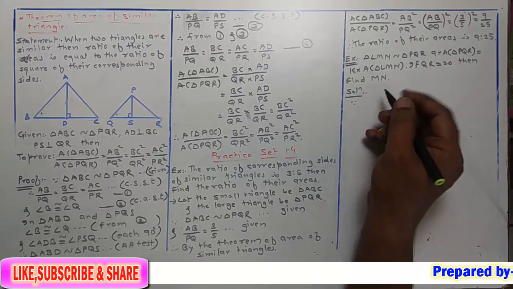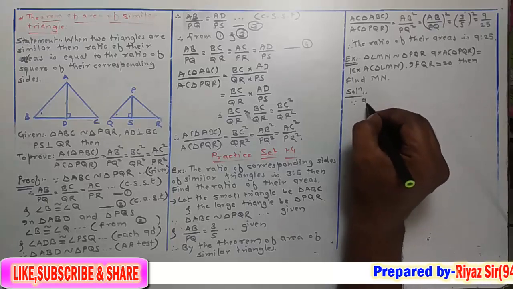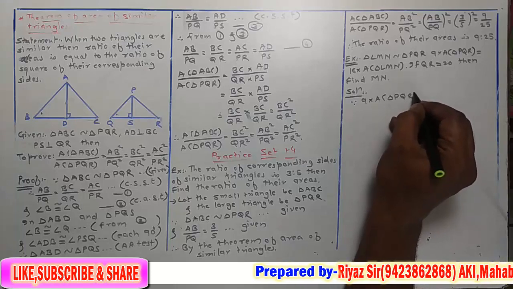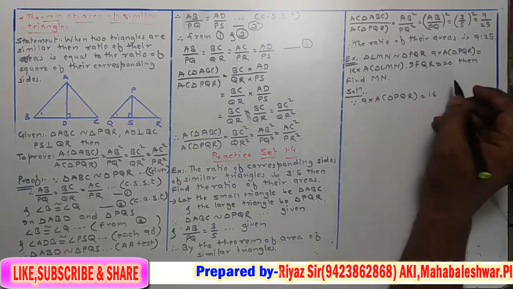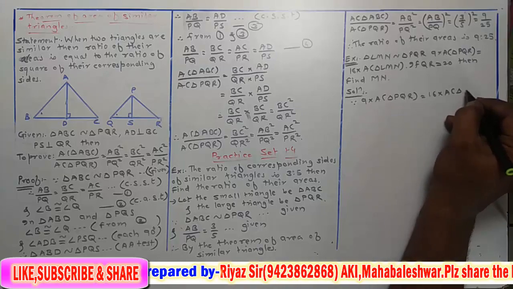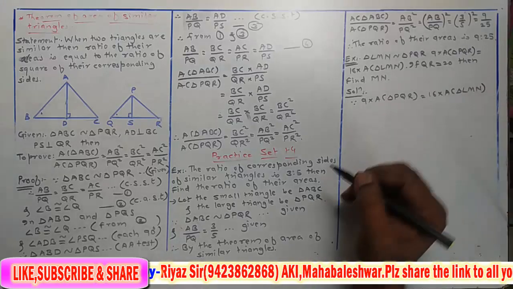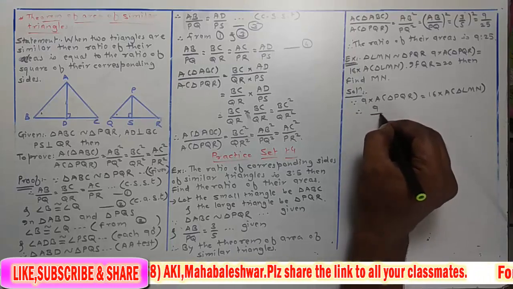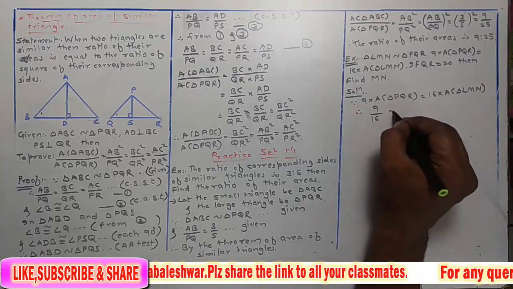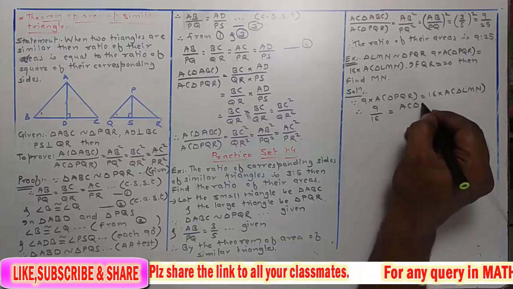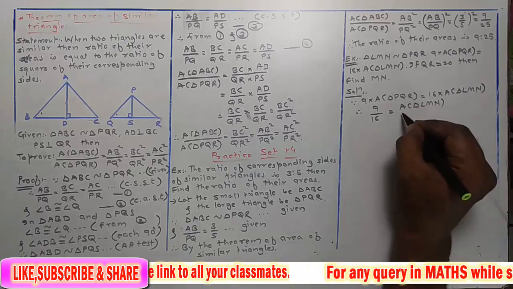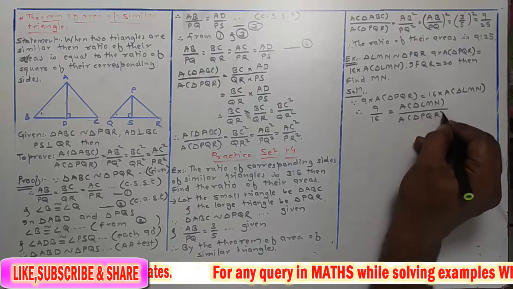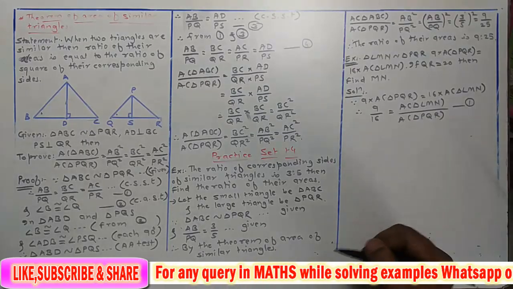Since 9 into area of triangle PQR is equal to 16 into area of triangle LMN, that is given. Therefore 9 upon 16, this 16 gets divided here, is equal to area of triangle LMN upon area of triangle PQR. Okay, say this is equation number 1.